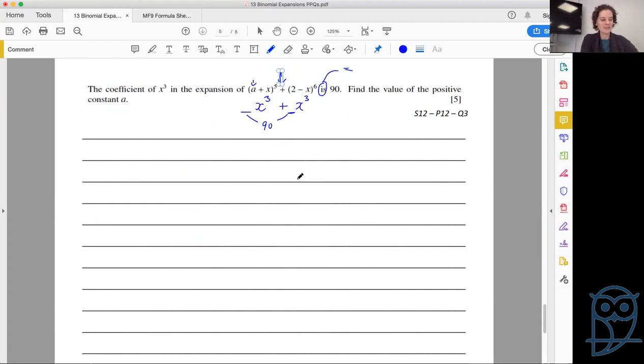So, if you also notice, we've got that lovely format of number plus plain x, number minus plain x. So we can go straight to our value of r.